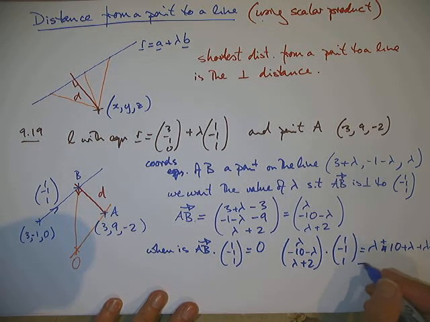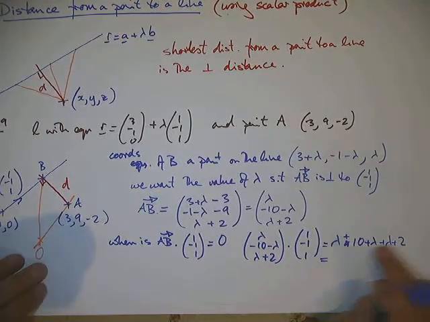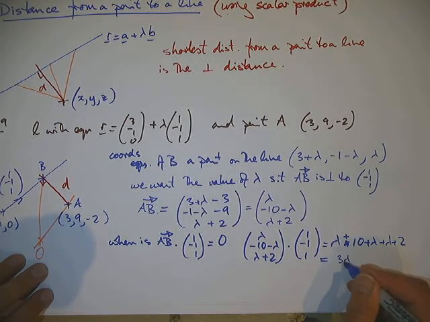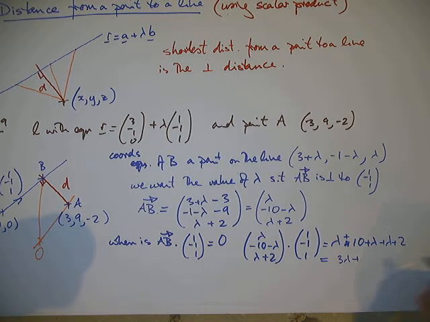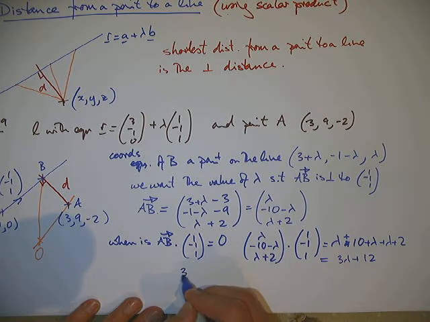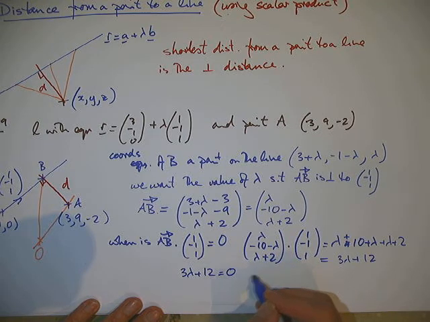So that becomes 3 lambda plus 12, and 3 lambda plus 12 is 0. Lambda is minus 4.